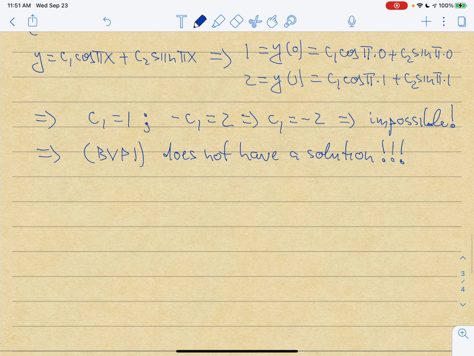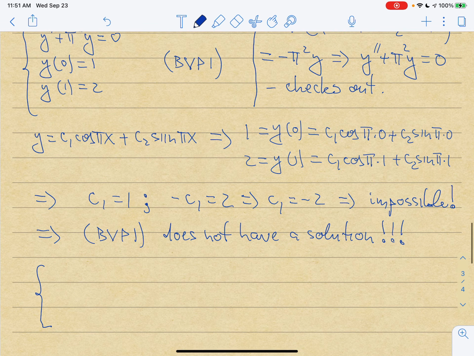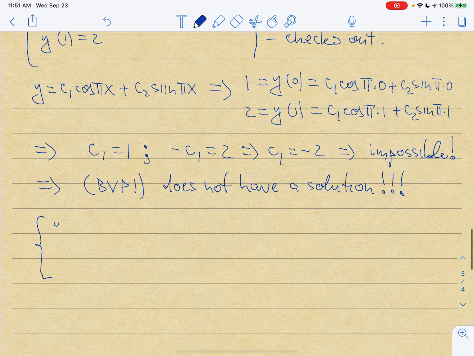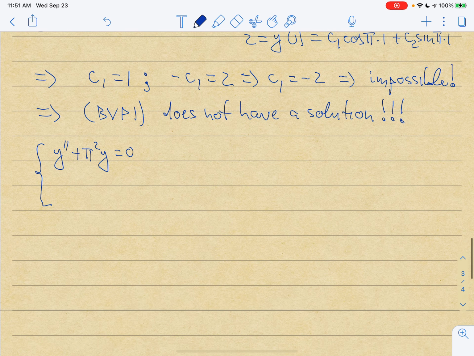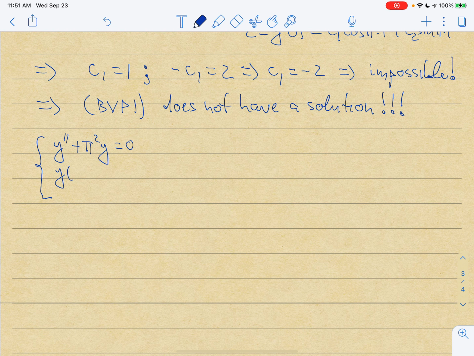Let's consider another example. Same equation, y double prime plus pi squared y equal to 0. And now let's suppose that I have y of 0 is 0 and y of 1 is also 0.